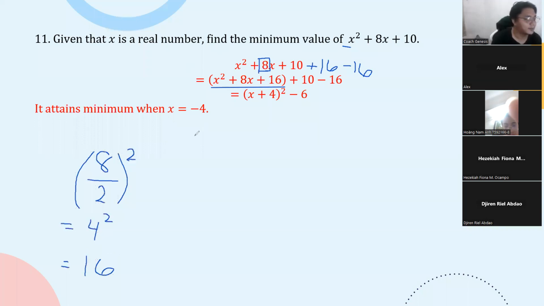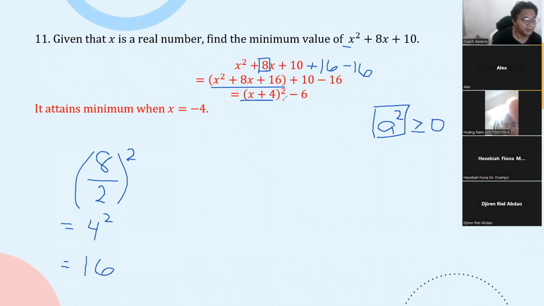Now, why is that? Okay, so please take note that a perfect square, let's say a squared, is always greater than or equal to 0. It is a non-negative expression when we talk about, let's say, real numbers. So that means that the minimum value a squared must have is 0.